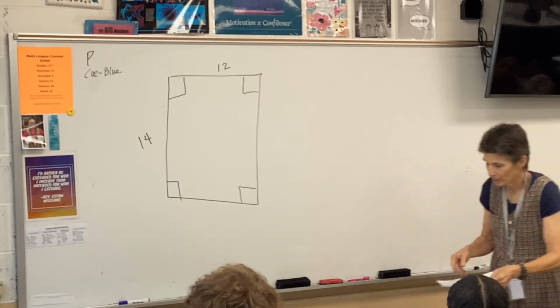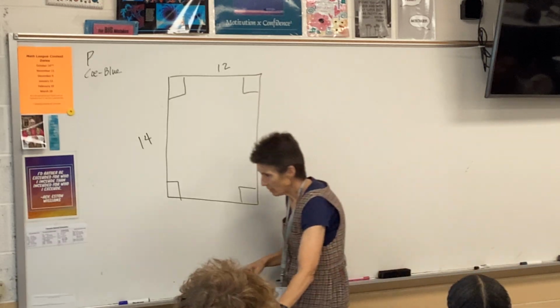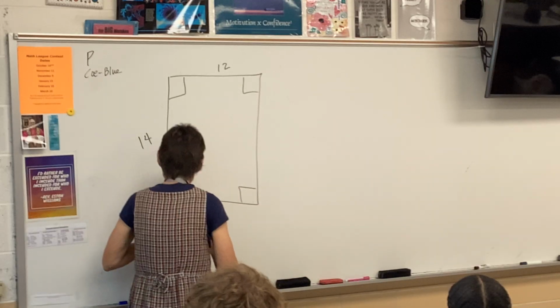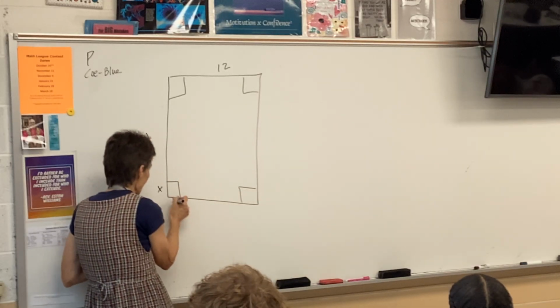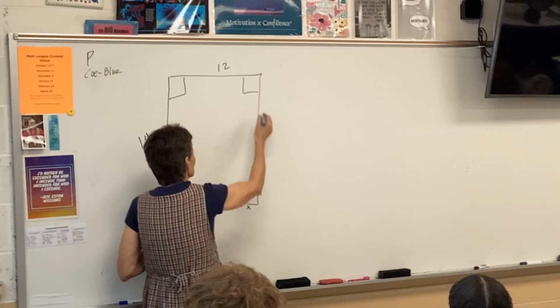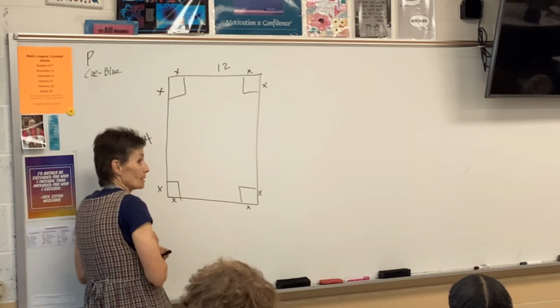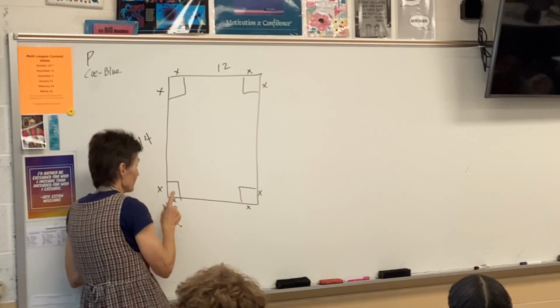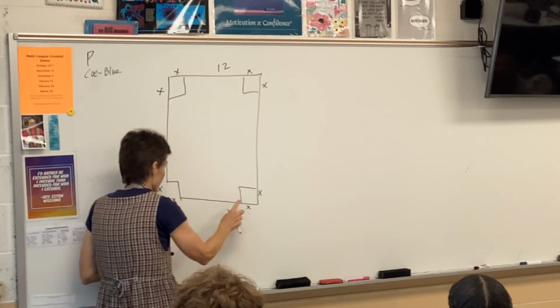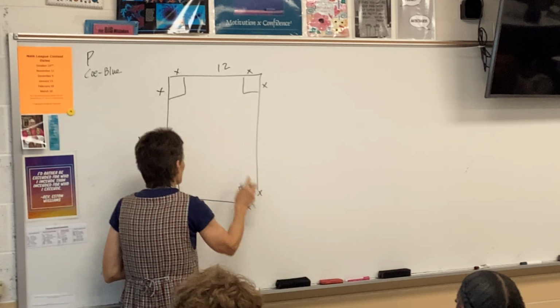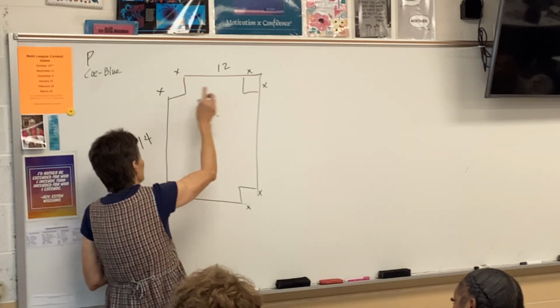Well, here's how we're going to do it. We're going to say that the size of these corners is X. We have no idea how big those are. We're going to cut them out. And we're going to fold up the flaps.